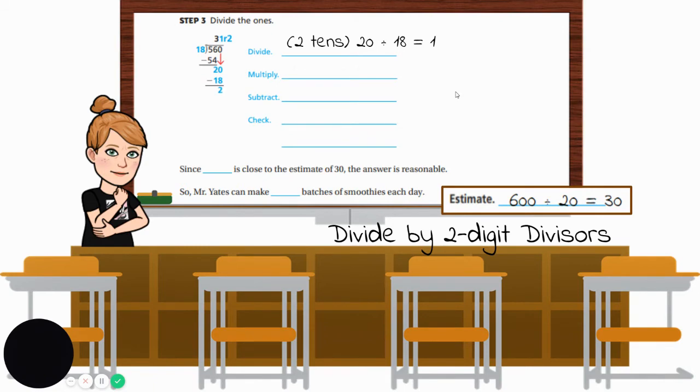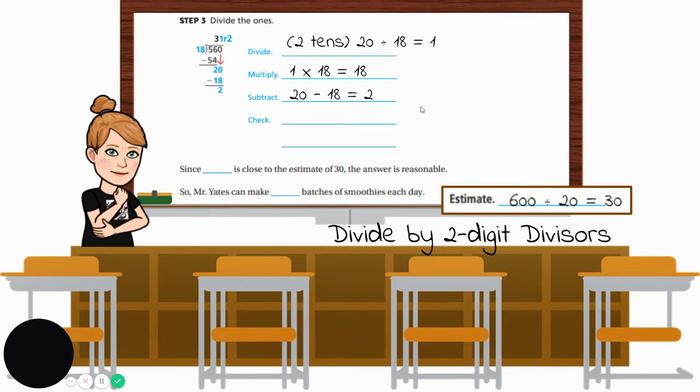So we're going to multiply that 1 times 18, the divisor, gives us 18, and we're going to subtract that from 20 to give us 2 left over. And since we are out of numbers right now in our dividend, 2 is left over. We have 2 ounces left over.